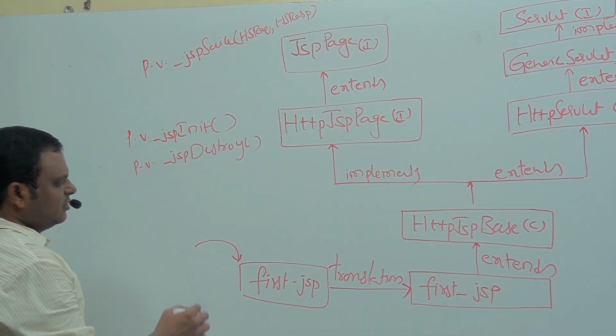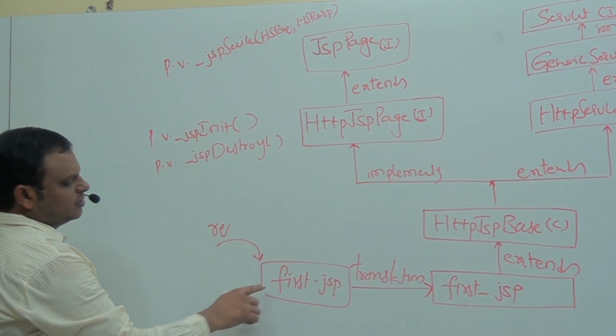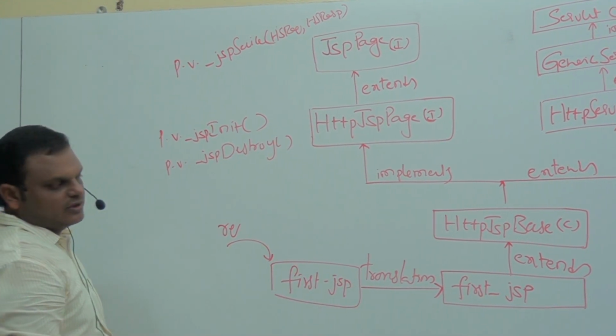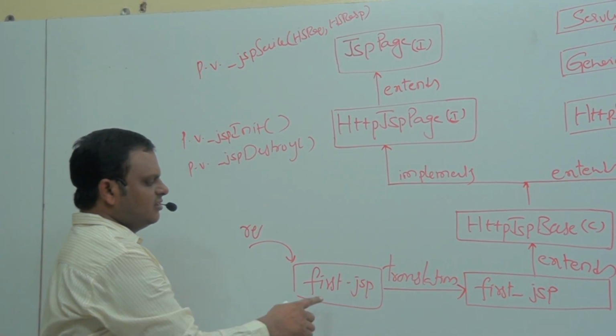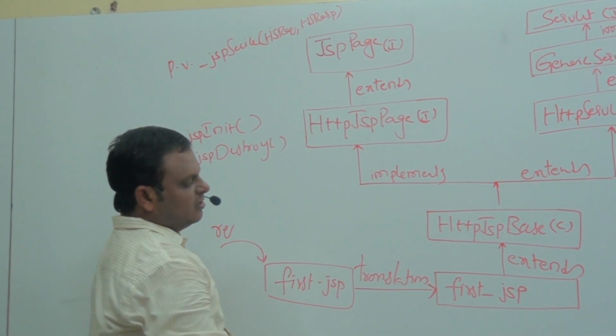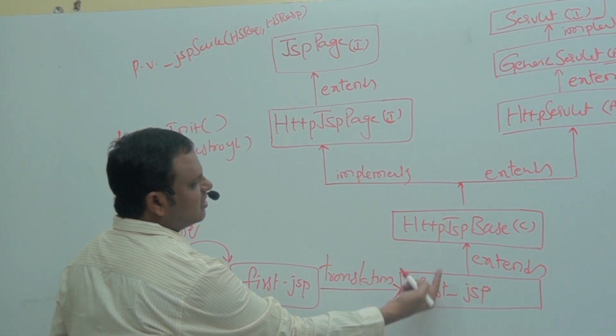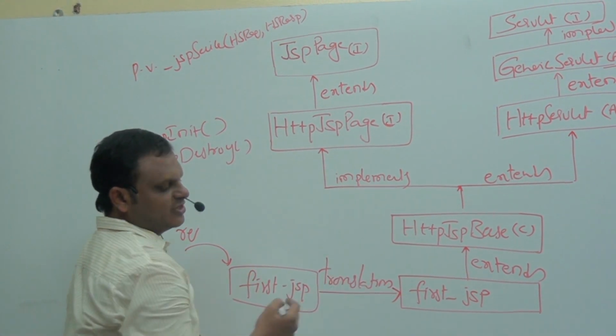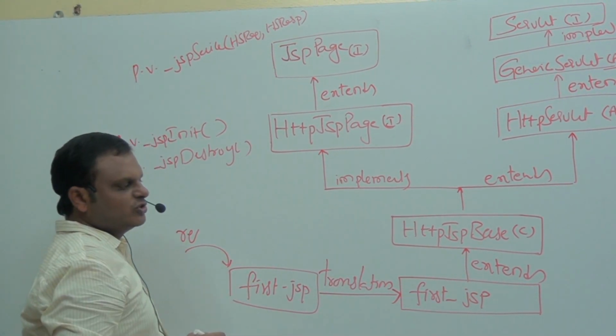Whenever we submit a request to first.jsp, the container will translate first.jsp to first_jsp, which is a child class of the HttpJspBase class.